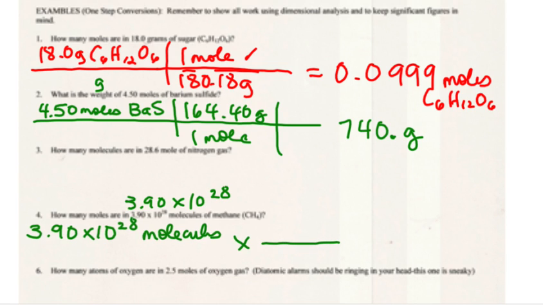How do I convert? For every 1 mole on top, I have 6.02 times 10 to the 23rd molecules. I abbreviate molecules with a LEC, just so the difference between moles and molecules is obvious.